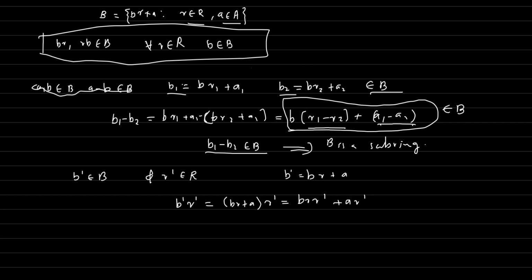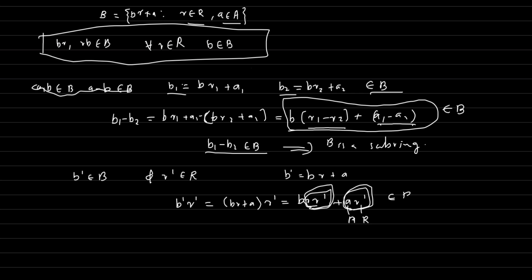Here r and r dash are elements in R, therefore this product will be in R. And A is an ideal, therefore ar dash will be in A because a is in A and r dash is in R. So here this element belongs to R and this element belongs to A.